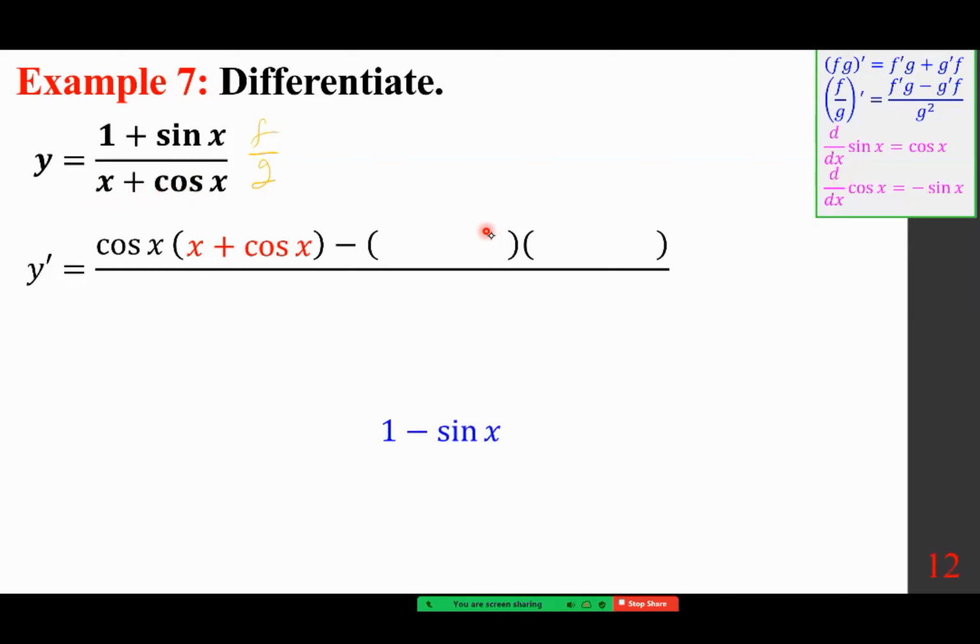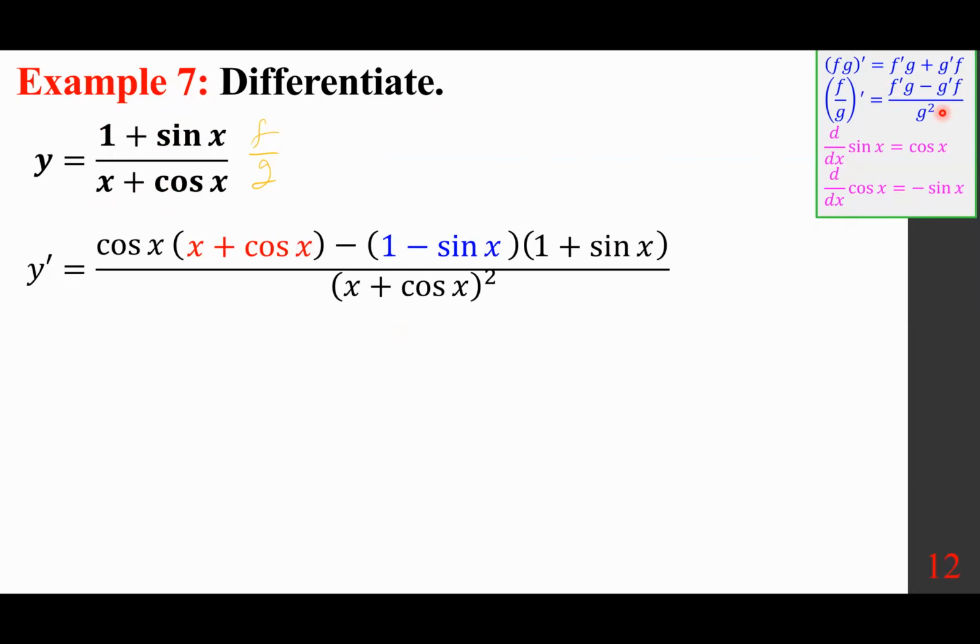So 1 minus sine x. And you put f just the way it is in the second parenthesis. Now you write the bottom in a parenthesis and square it. And we're done with calculus. We're just going to finish using our algebraic techniques as well as trigonometric techniques and knowledge of trigonometry and its identities.